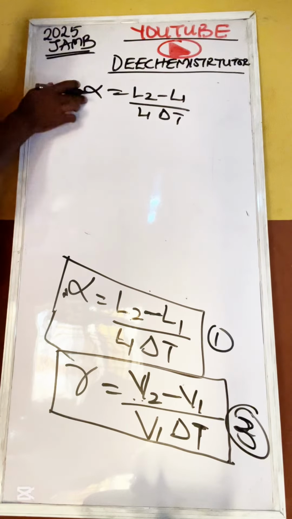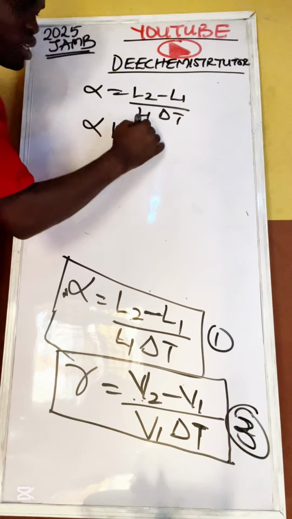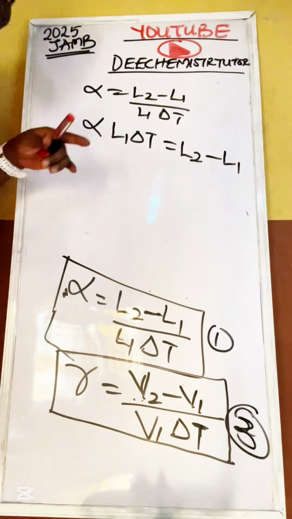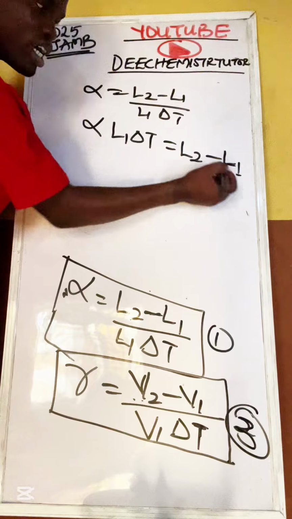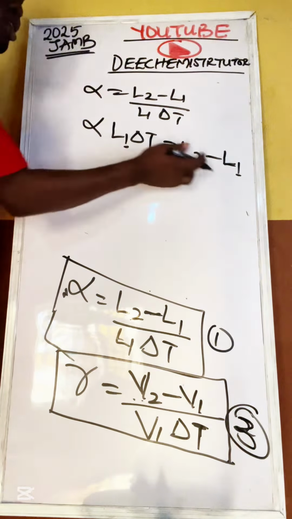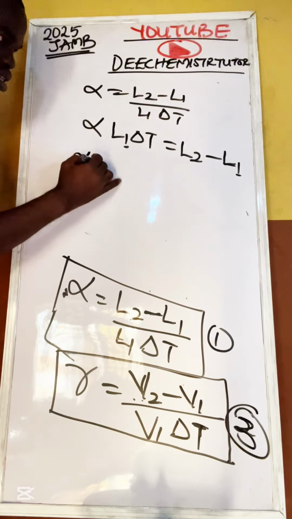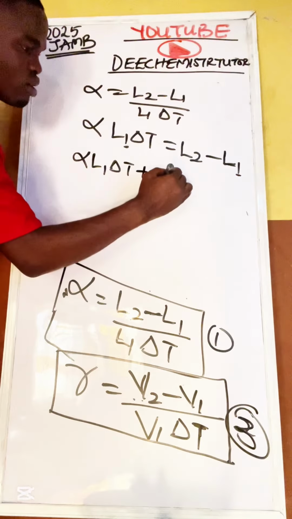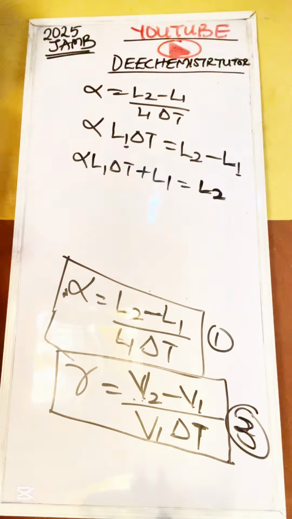I want to cross multiply such that I have alpha L1 change in T equals L2 minus L1. There's one question in JAMB on this, that's why I'm doing this. I want to take all the L1 together, so I bring this L1 to this side. That means I have alpha L1 change in temperature, and when this one comes here, it becomes plus L1, equals L2.